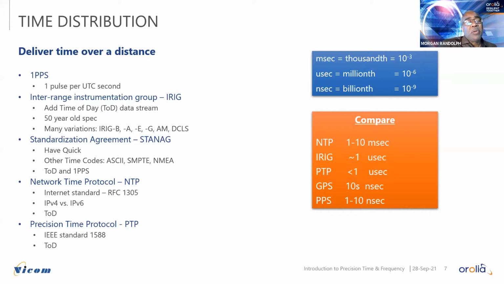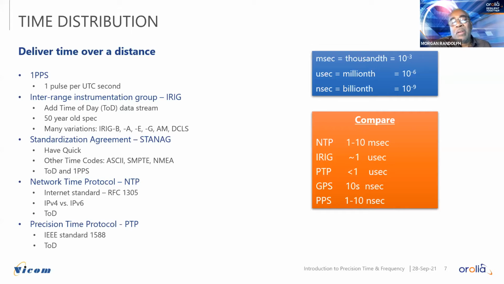You have the NTP protocol, and you have the PTP protocol, which is the IEEE 1588. As you can see, you're looking at milliseconds within the thousandths, microseconds within the millions, and nanoseconds within the billions.